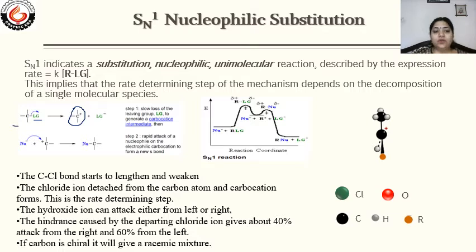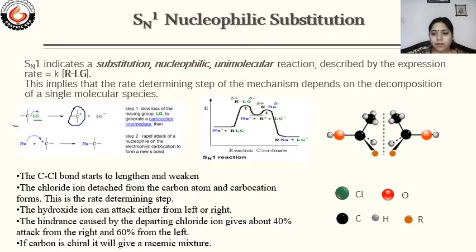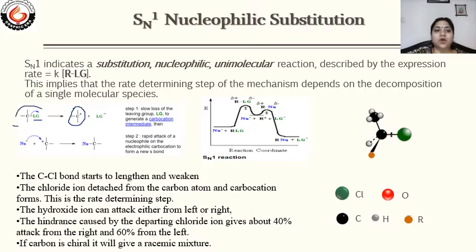So the nucleophile attacks the carbocation and forms a bond with the carbon. This happens in the second step. So only the first step is the rate determining step. That's why the rate of the reaction is dependent only on the concentration of the substrate.